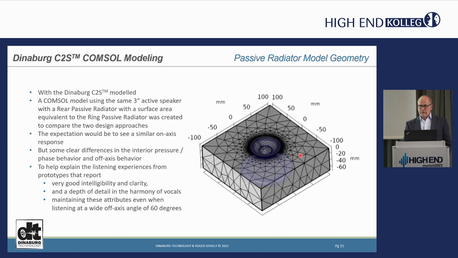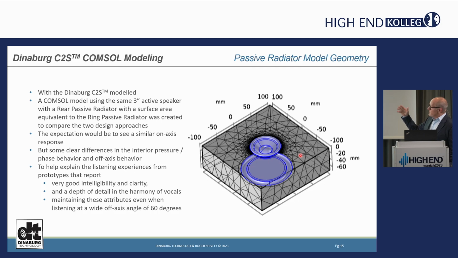So if we look at that, we can see the 3-inch in the center, and the rear of the box now has the ring radiator. And so to look at the comparison between the two is why we did this, so that we could see if a standard alignment of adding a passive radiator to the back of a box had any benefit or any difference between that and the Dieneberg alignment.